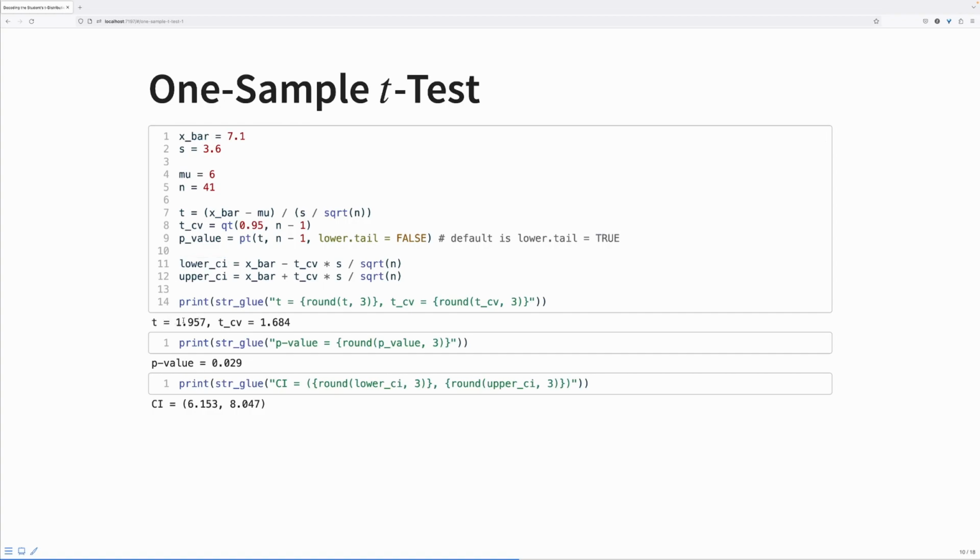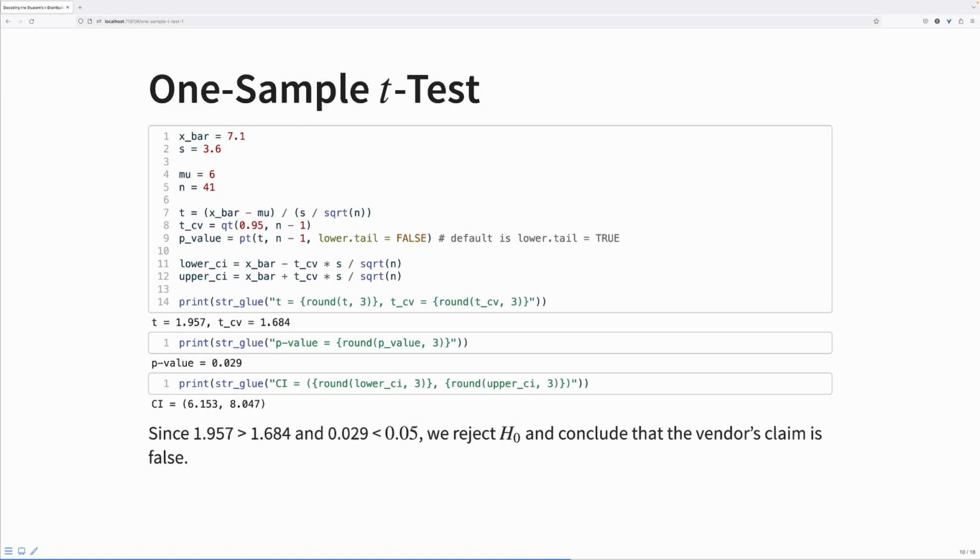So we got the t statistic is 1.957 and the t critical value is 1.684 and our p-value is 0.029, and the confidence interval is from 6.153 to 8.047. Because our t statistic is greater than the critical value and the p-value is less than 0.05, we reject the null hypothesis and conclude that the vendor's claim is false.